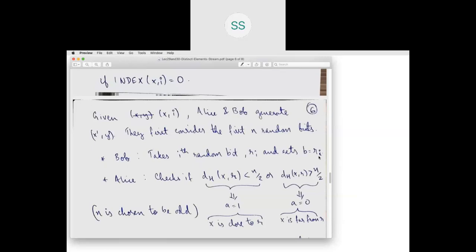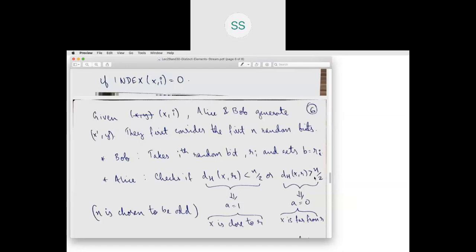And Alice is going to check the Hamming distance between x and r. Alice knows x, she doesn't know i, but she has access to r, the n random bits. She checks: is the Hamming distance strictly less than n by 2, or strictly greater than n by 2?